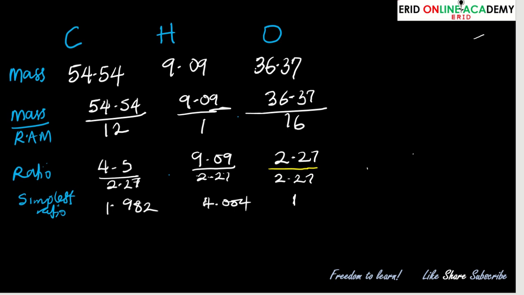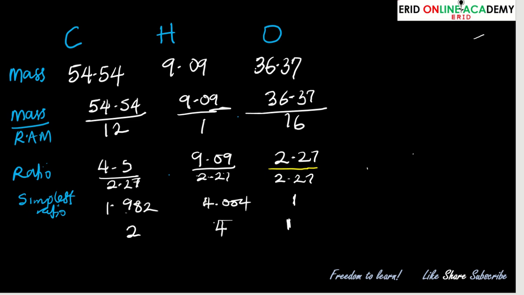Looking at these numbers, the best that could be done here is to approximate this to 2, this to 4, and this to 1. Usually you have to be careful with approximation, but looking at these particular numbers, to get the nearest whole number ratio, it's safe to approximate like this.